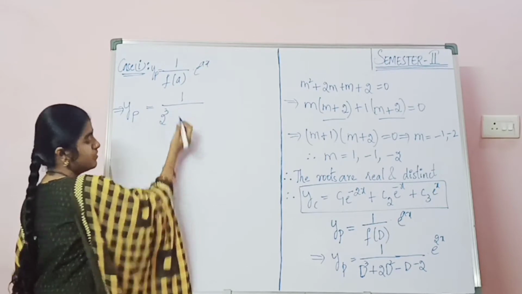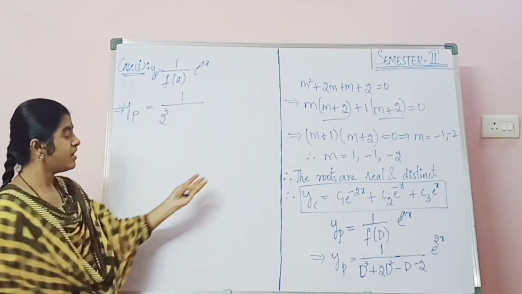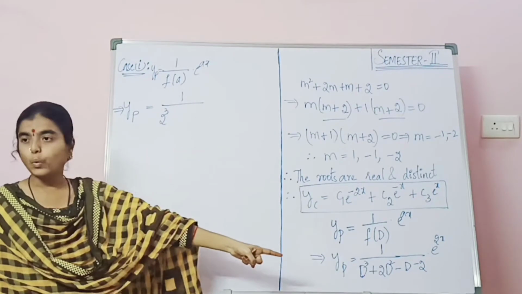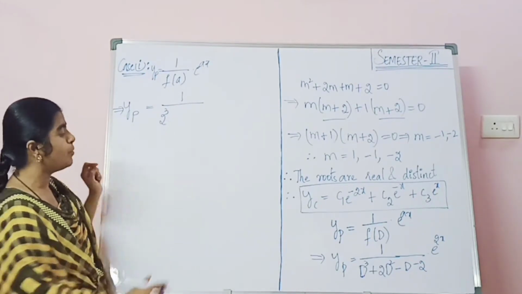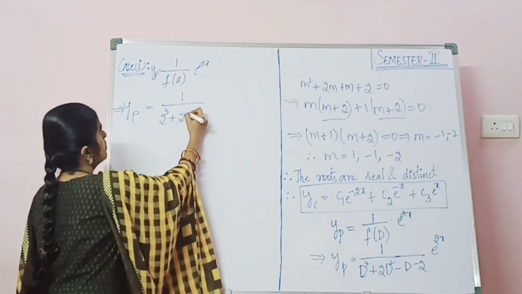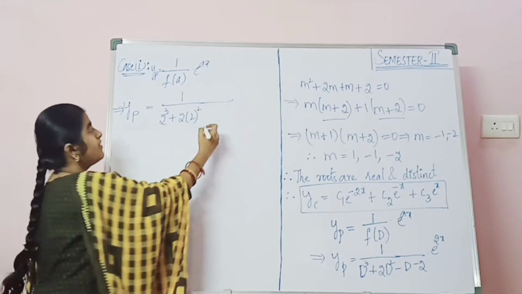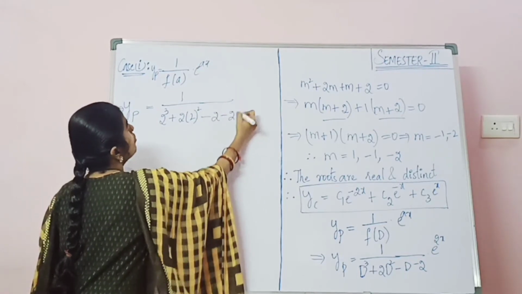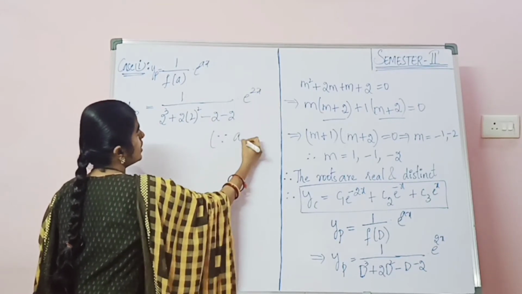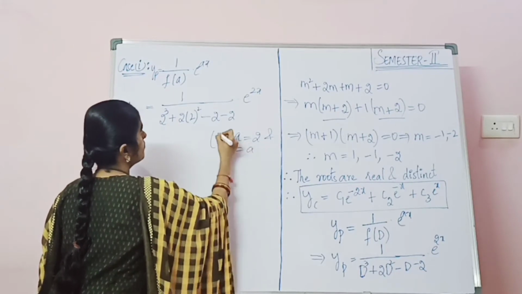2 cube. In the place of D we are substituting a. Listen carefully. Here in the place of D we are substituting a. What is a here? a means 2. a equals 2. So D cube plus 2 into 2 square minus 2 into e power 2x common, since a equals 2 and D equals a.